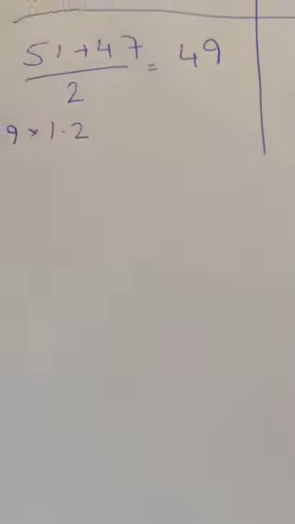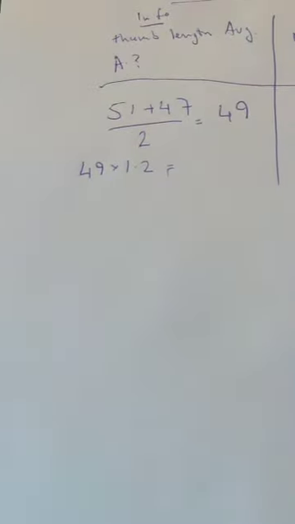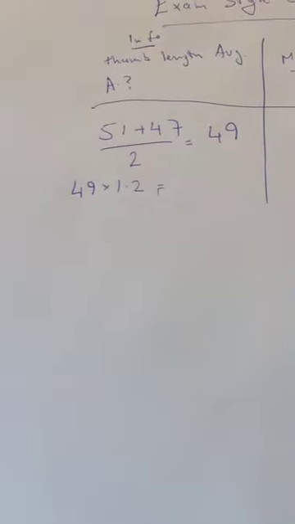So if the average user's thumb based on both men and women is 49, then all I need to do is multiply 49 by 1.2, which will give me, one minute, 58.8 millimeters. Okay, so then my answer is going to be over here.